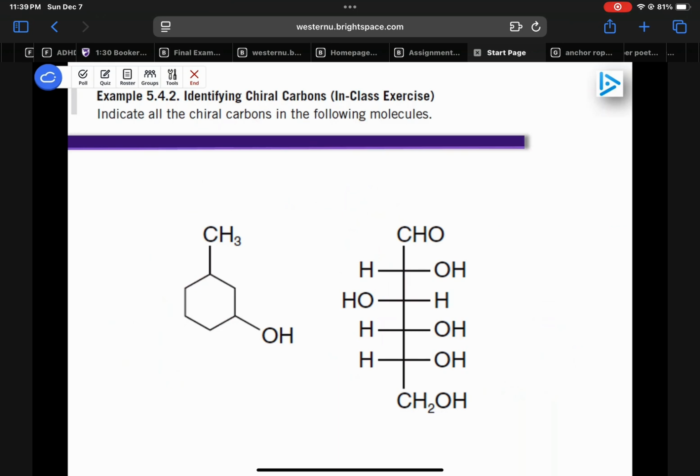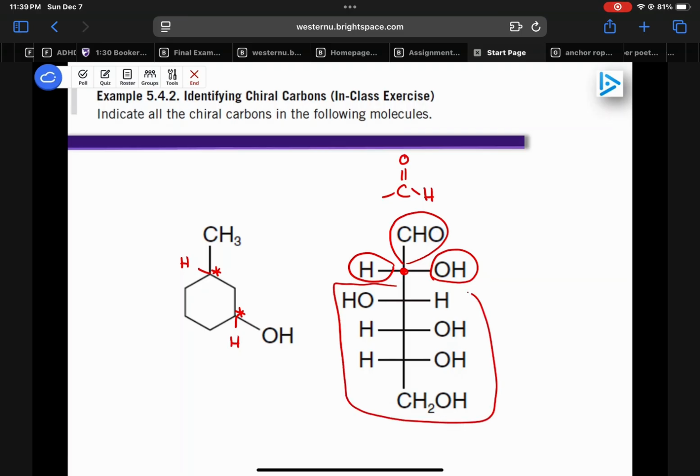So we want to indicate all the chiral carbons on the following molecules. We just did this one a moment ago, so we're not going to go through this one again, but we will do the molecule on the right, our sugar, our aldehyde. This top carbon here has that aldehyde group, C double bond O and H. That's unique. The hydroxyl is unique. The hydrogen is unique.